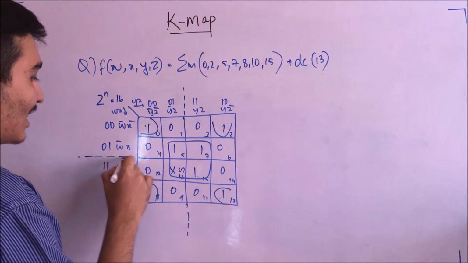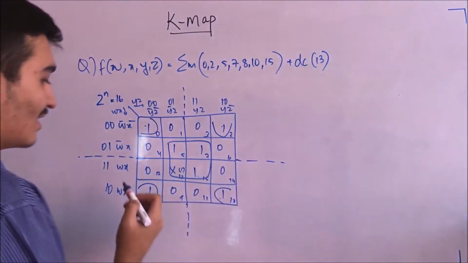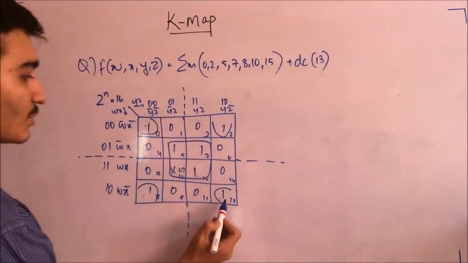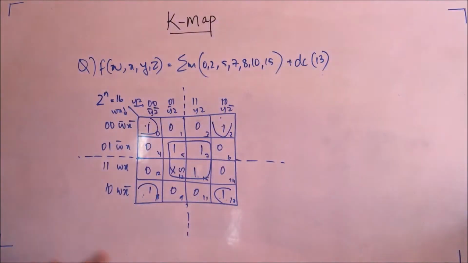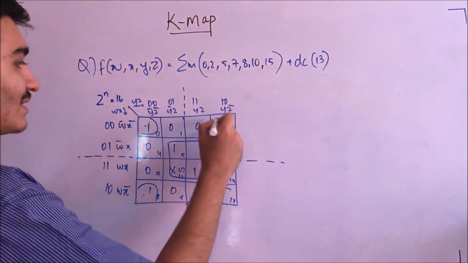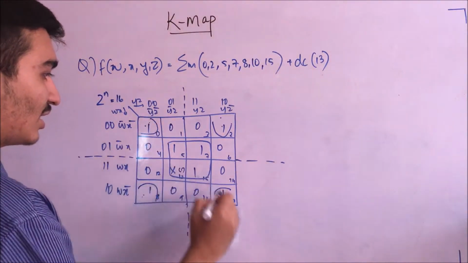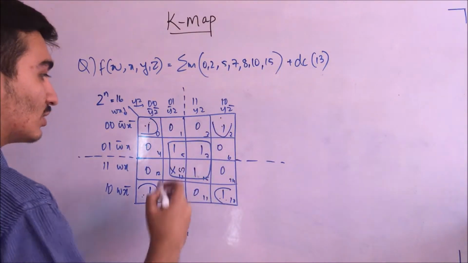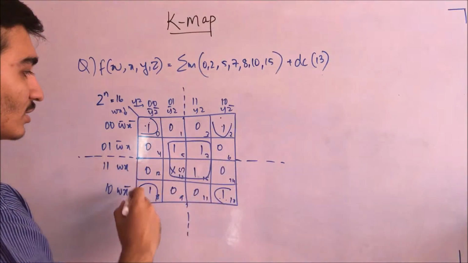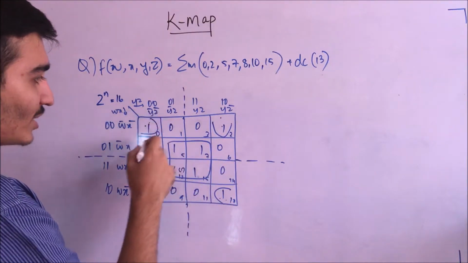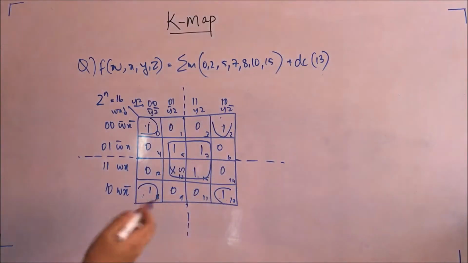Also, once that is done, if I fold it along this axis, you would see this overlaps with this as well as this overlaps with this. Meaning all of these 4 1 cells are adjacent to one another, which means I can form a quad consisting of these 4 1 cells. So now, as you can see, I've formed the grouping. I've made groupings of all the possible ones in the K-map.